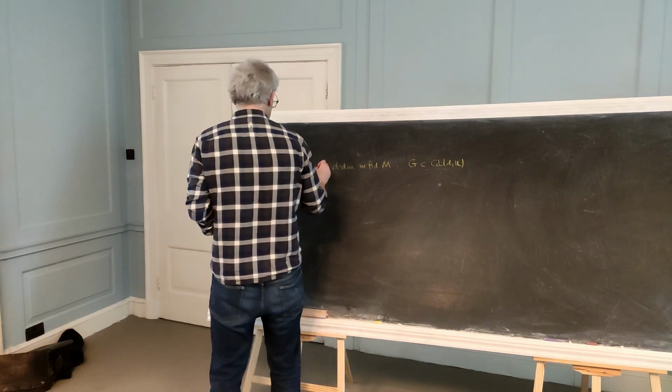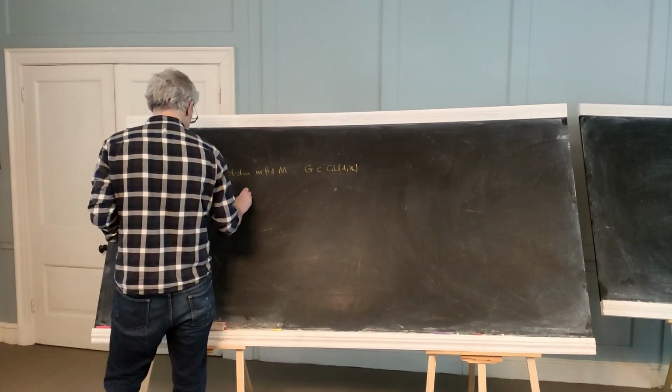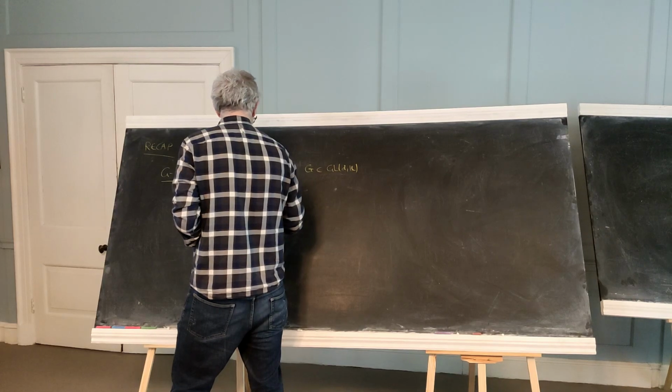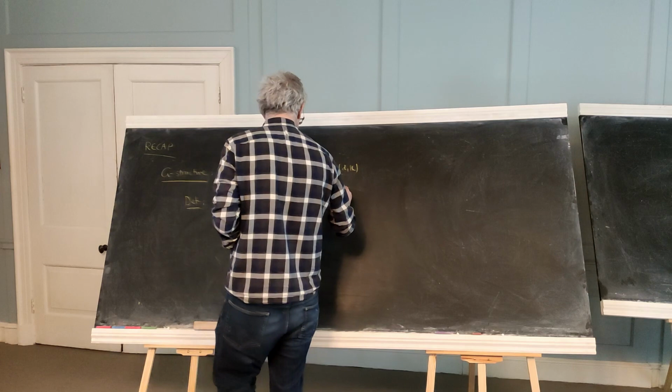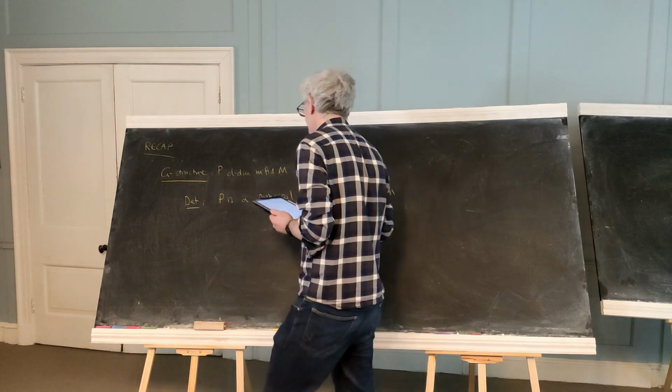And we have the definition that a G-structure P is a principal G subbundle P inside the frame bundle.